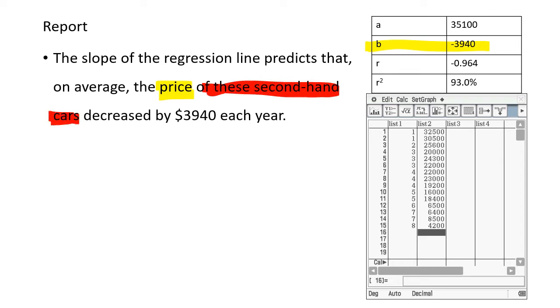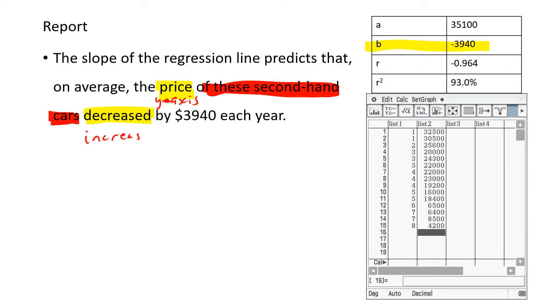So we've got to say price. Now price, what's price? That's the y-axis again. And then this next bit says decreased, and that's because it was negative. So because you can see the b is negative, it's decreased. If it's positive, it'd be increased.